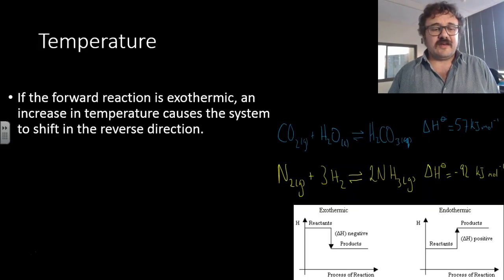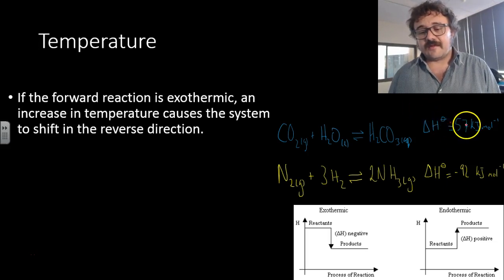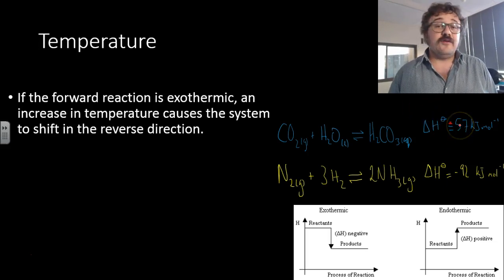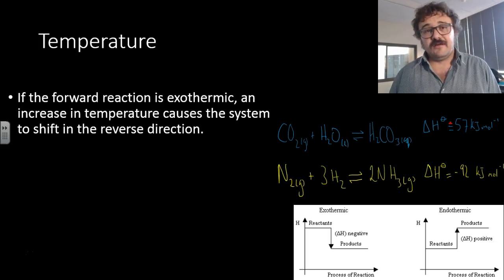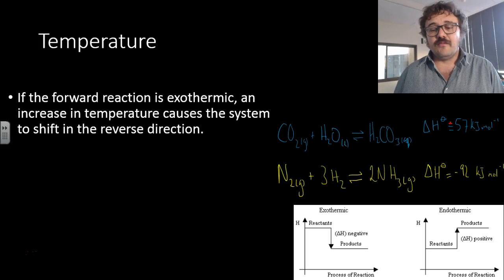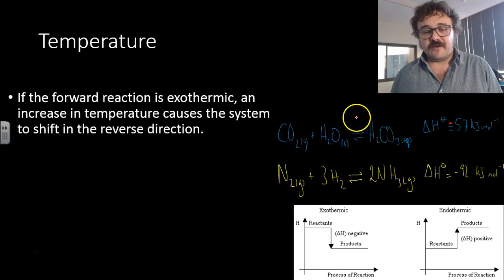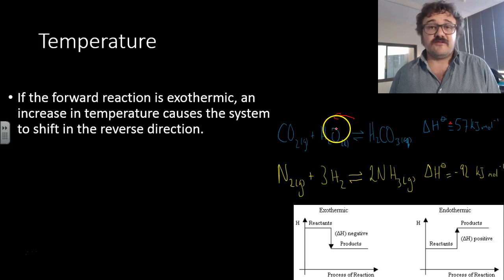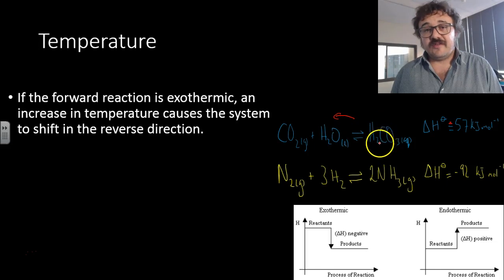So how does temperature change it? Basically, if the forward reaction is exothermic, and these are both exothermic reactions, and you increase the temperature, it will move in the reverse direction. It will move this way, because what it wants to do is react against that increase in temperature. The forward direction is exothermic, so it puts out heat already. So if you add more, it'll move to the left-hand side.